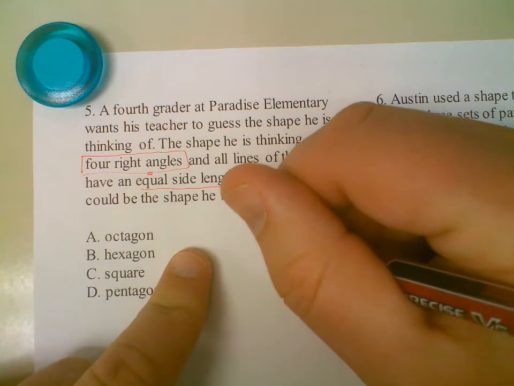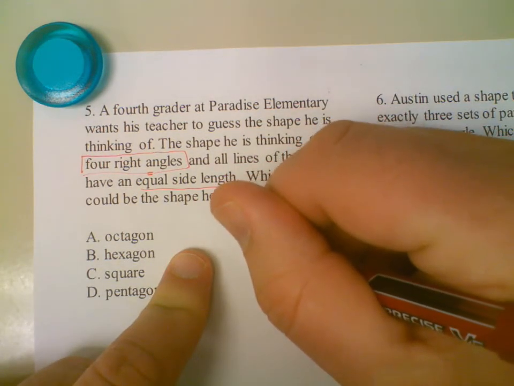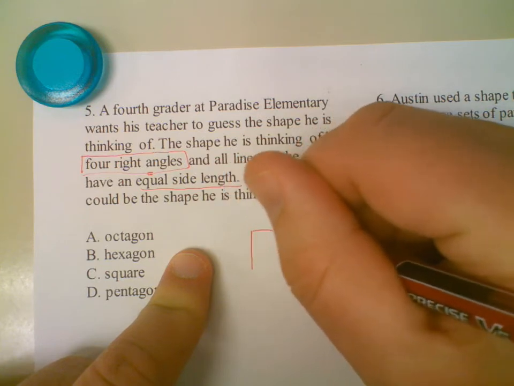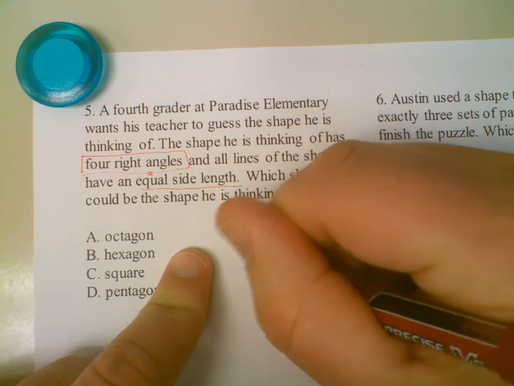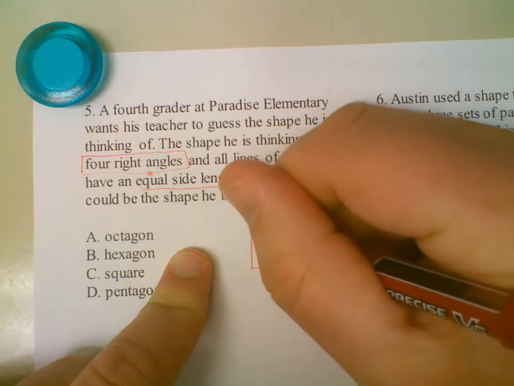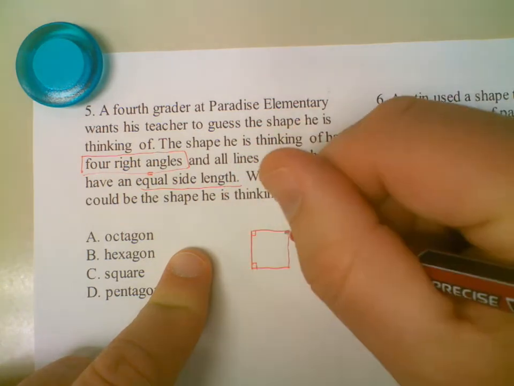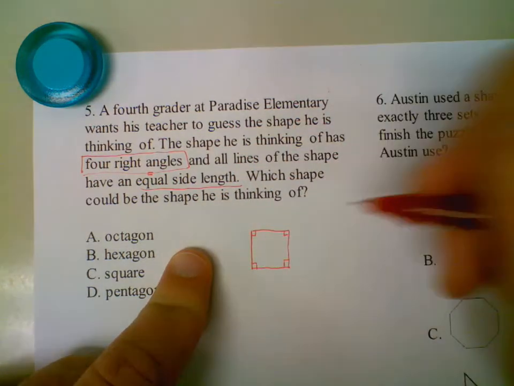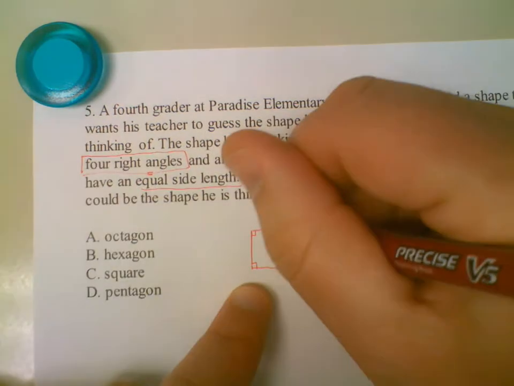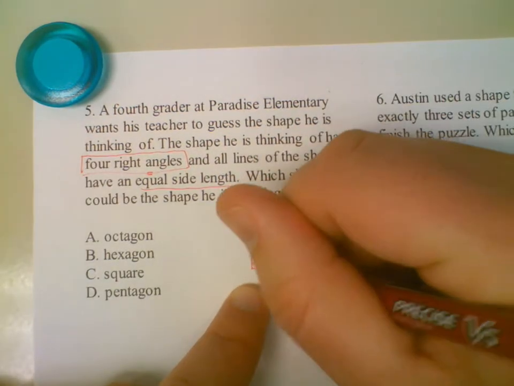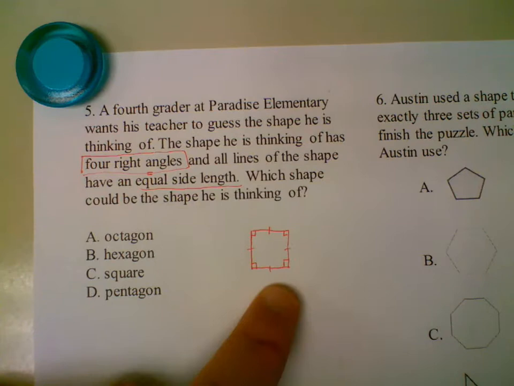If I have equal sides and it has 4 right angles, I don't know about you, but my kindergarten teacher taught me that's a square, right?